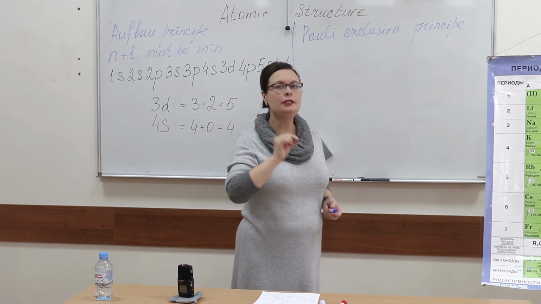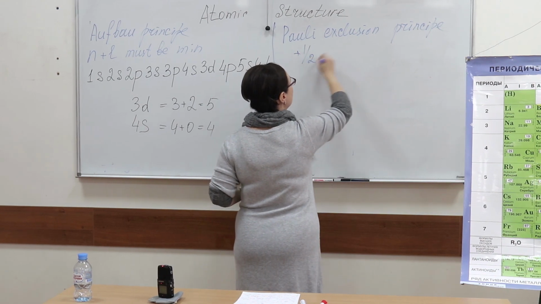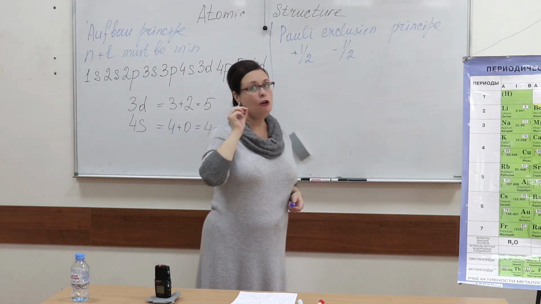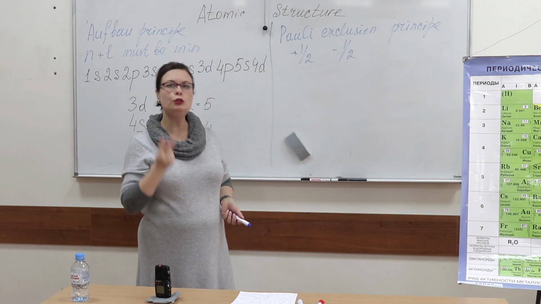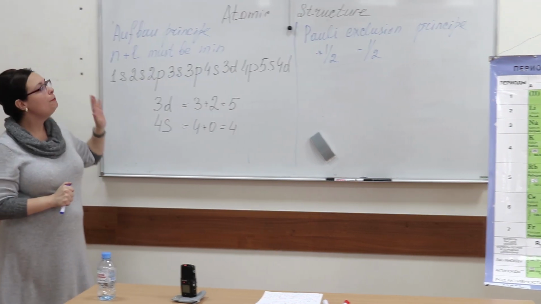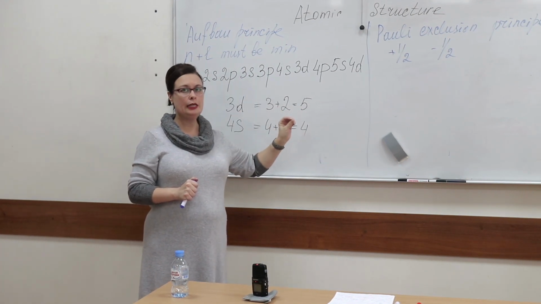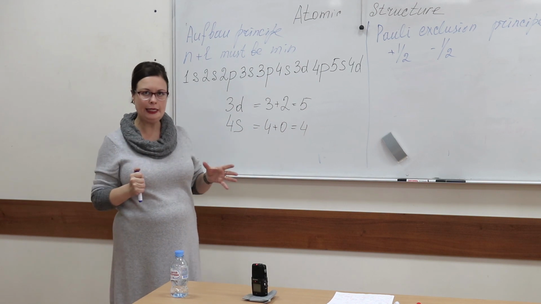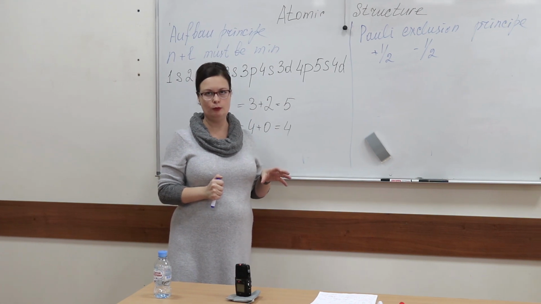And at the same time, these electrons must have opposite spins, plus half and minus half. S orbital with a sphere shape can exist with 2 electrons with opposite spins. At the same time, p sublevel consists of 3 p orbitals. Each of them can have 2 electrons, and totally p sublevel can have 6 electrons maximum.